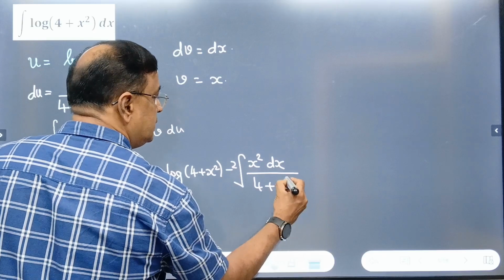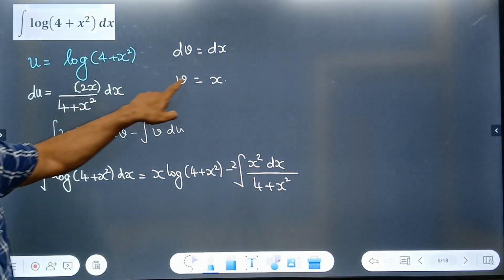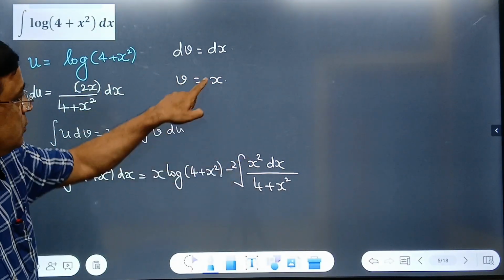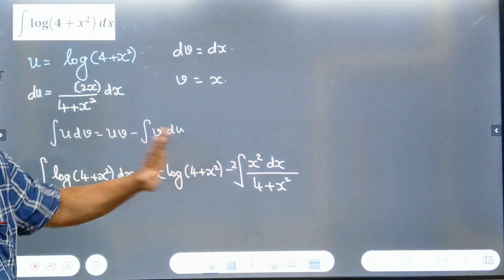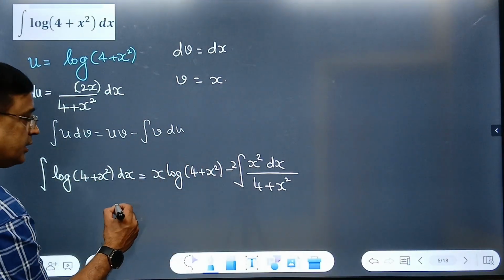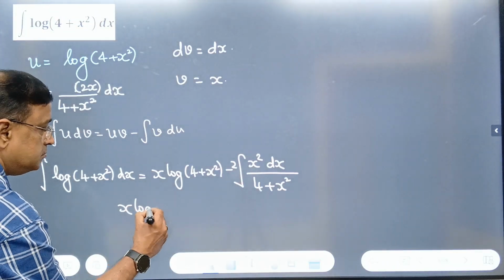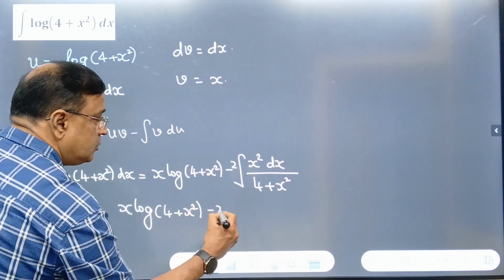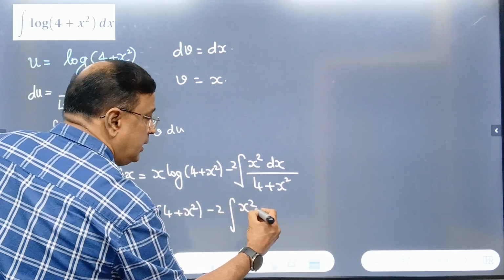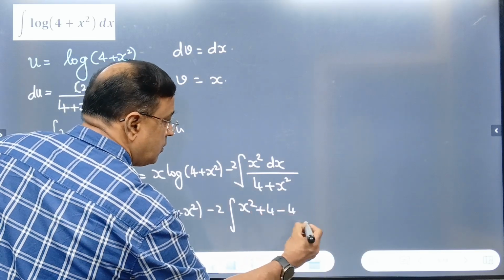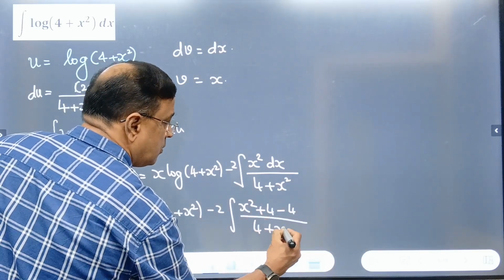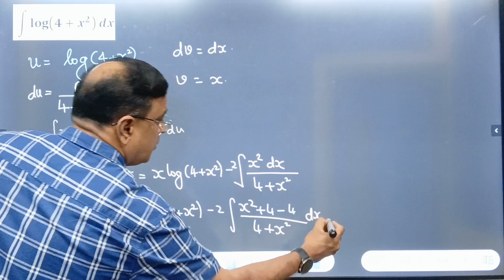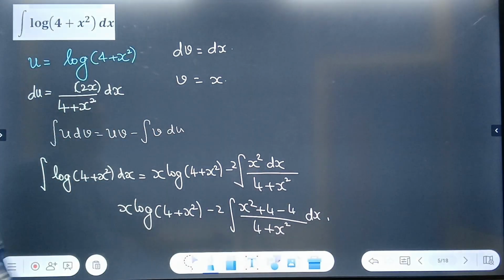How did I get this? V du will be x into x, which is x square. 2 I am keeping outside. So I got this. Now how do I integrate that? I just need to add and subtract 4. Okay, now you split it.